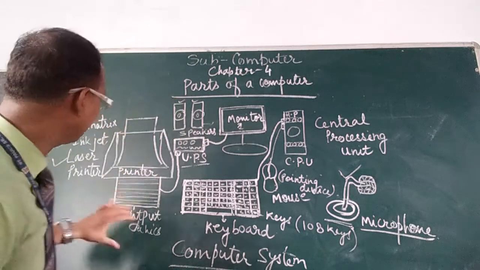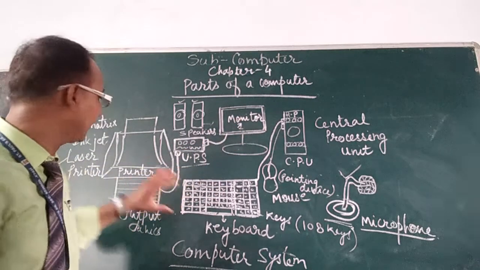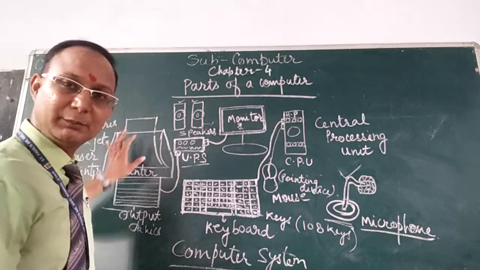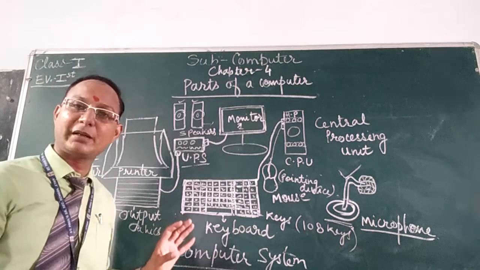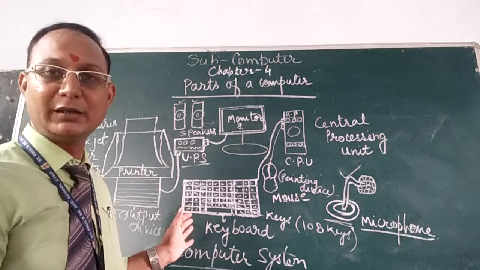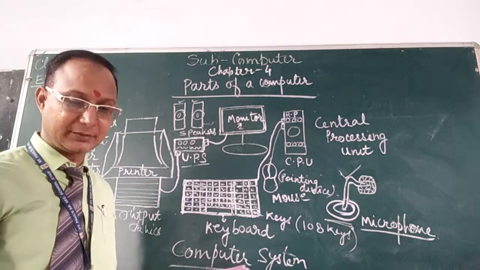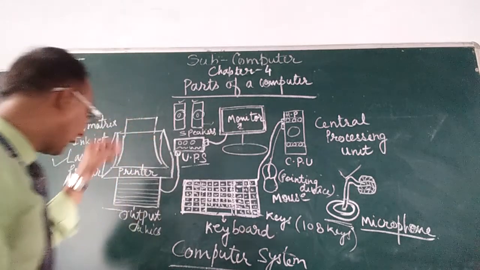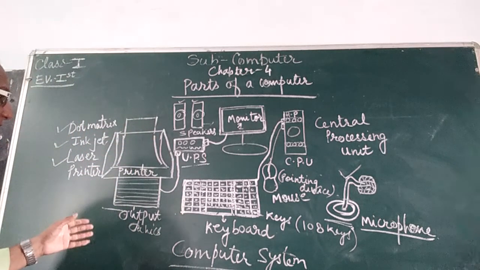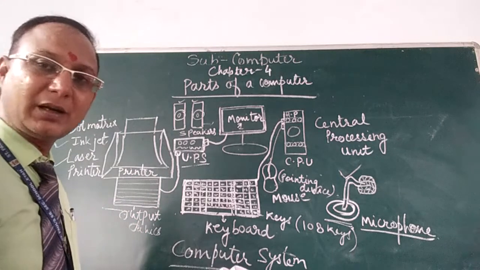These are output devices. When we do some work by typing on the monitor and we want a printout, we take it from the printer. This giving of a printout is the result given by the printer, so it is also an output device. The printer is used to print the result on paper, and that is called a hard copy.